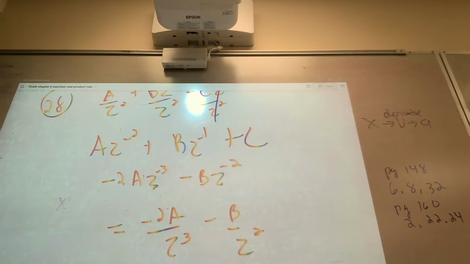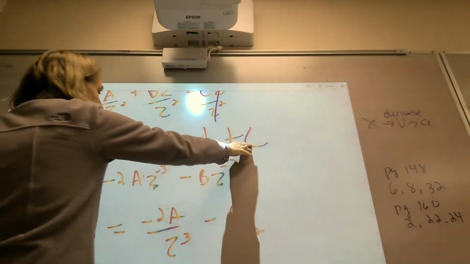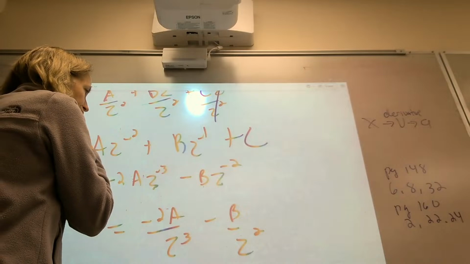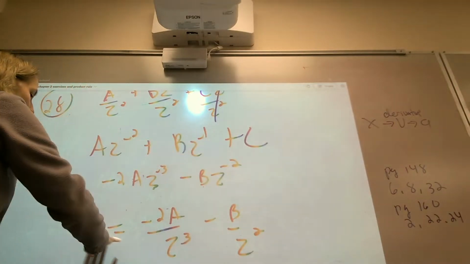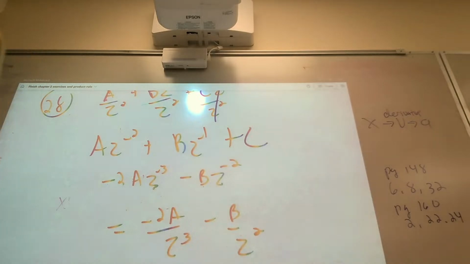Okay, so for 28, you first divide out your z squared, so you end up with this. And then we take the derivative of this, so we get this. The c is a constant, it goes away. So then we take the derivative of this, we get minus 2a over z cubed minus b over z squared. Okay, how many of you got it?